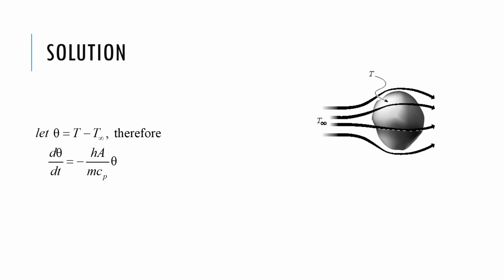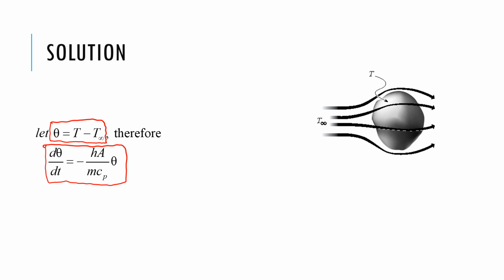To do that in a more organized way, let's define theta as T minus T infinity in the equation from the previous slide. If I do that, then our governing equation gets transformed into this one, which is very simple, of course.